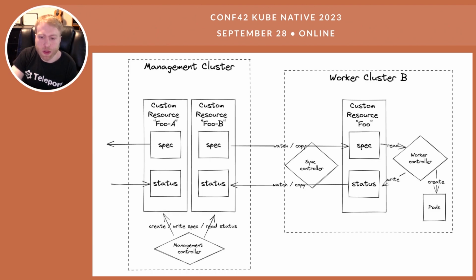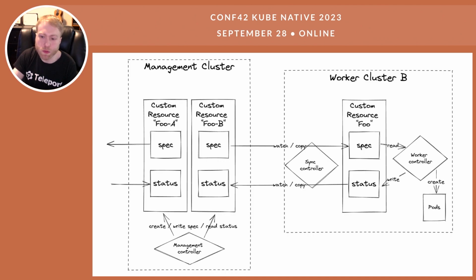But for this instance, you have Sync Controller running regionally. It watches the spec of the resource in the management cluster. It copies any changes that it sees to the spec of that resource into the instance of the resource in the regional cluster, where it's then reconciled.